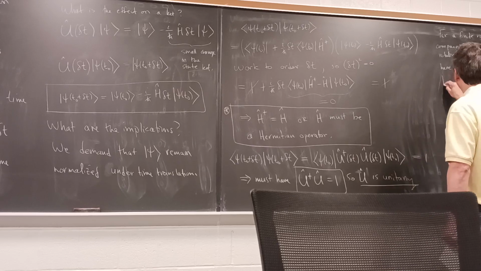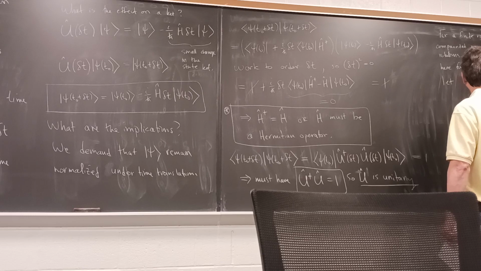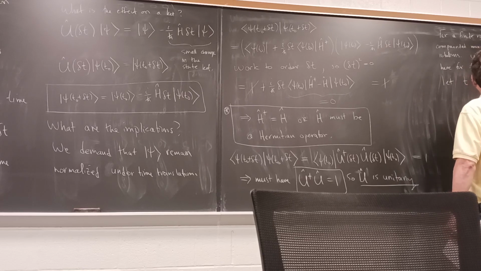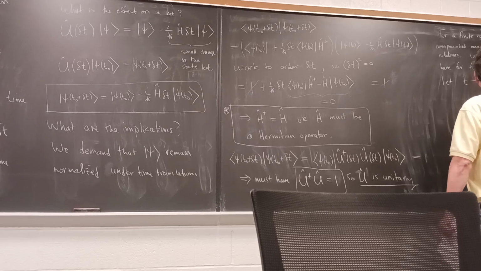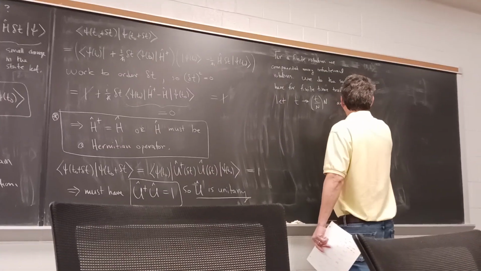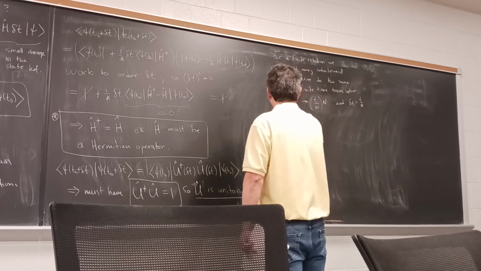So let t be dt over n times n. Oh, sorry, t over n times n. And dt is equal to t over n.